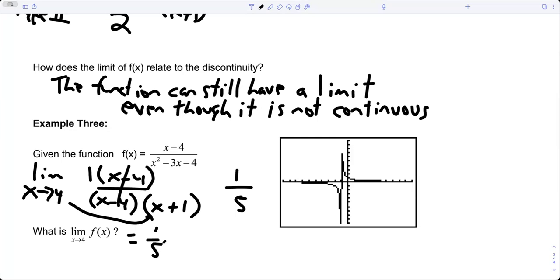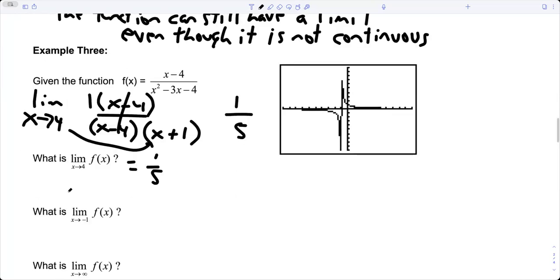Well, what is the limit as x goes to negative 1 of f of x? The answer to that is the limit does not exist. Why does it not exist?